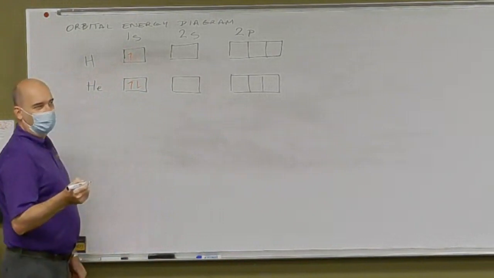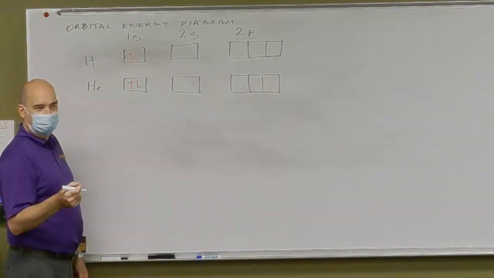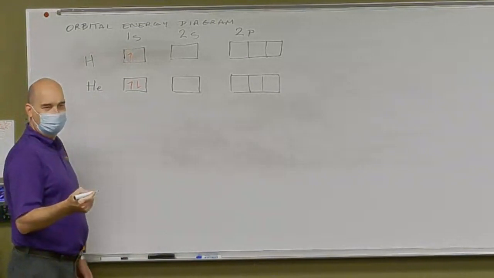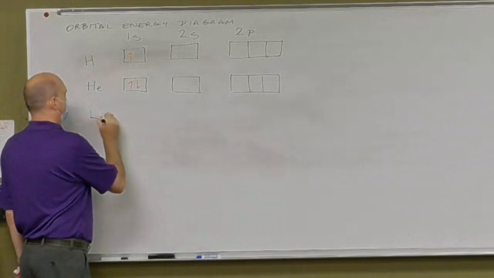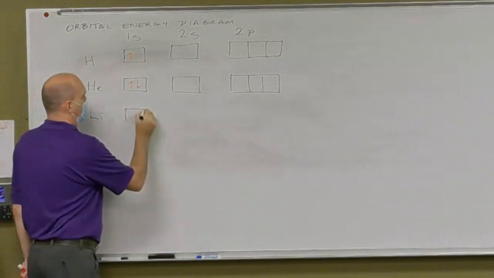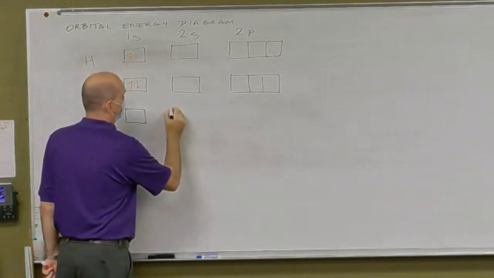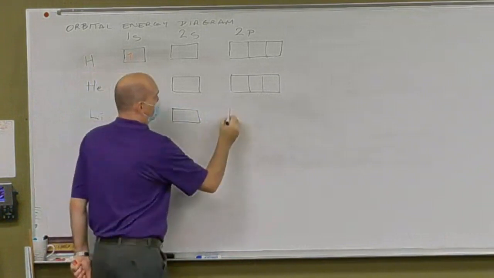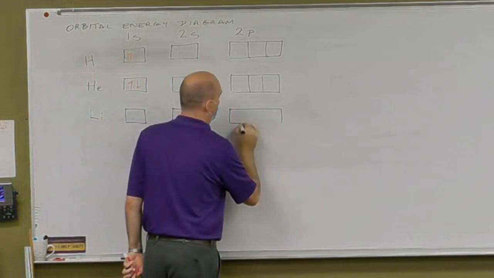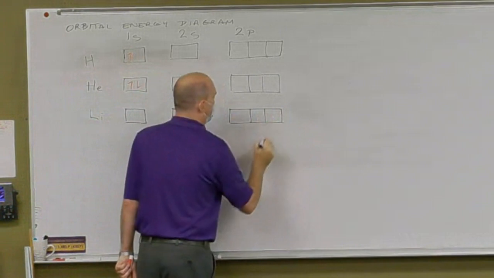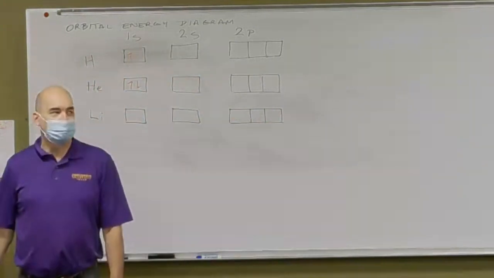Do you think we could skip over lithium and go straight to beryllium? Or should we do lithium? Let's do lithium then. There's lithium. Aufbau says, start at the beginning and work your way out.